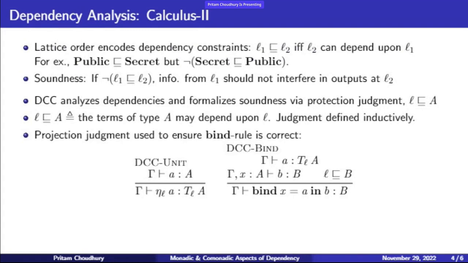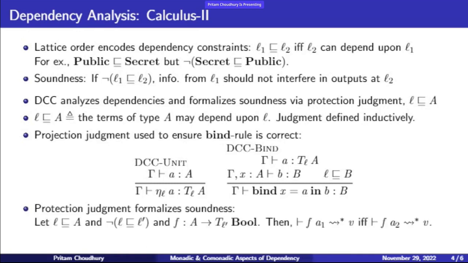So next, the protection judgment is also used to formalize soundness. The statement of soundness looks like this: if A can depend upon L, but L prime cannot depend upon L, and we have this function from A to T L prime bool, then when this function is applied to two different arguments, they should behave the same.